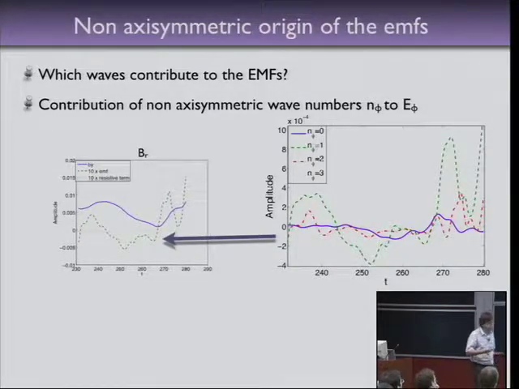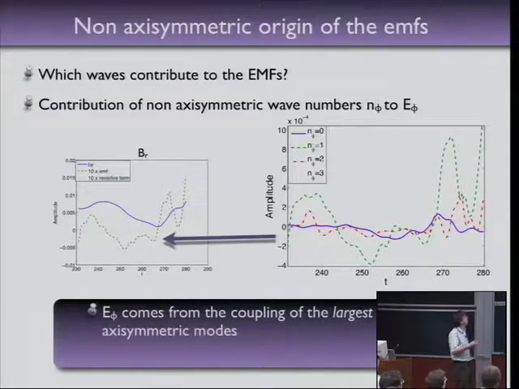You see that this contribution is very small. If you now take a look at the largest non-axisymmetric waves, this is the green line, and you see that these modes actually contribute the most to the EMF in the end. And what we can deduce from that is that these EMFs actually come from the largest non-axisymmetric waves of your system.